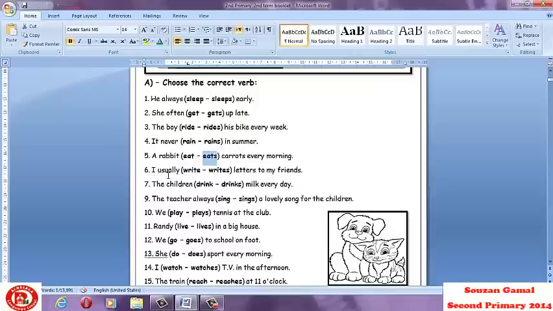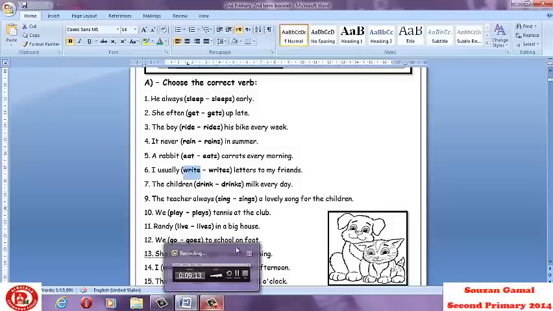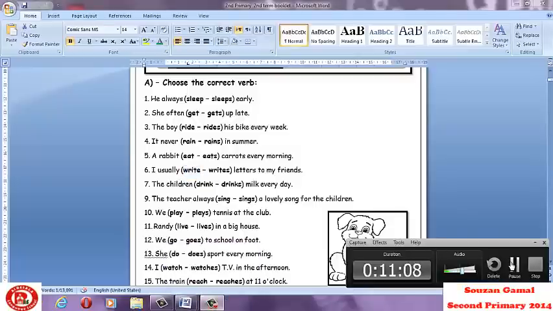Number 6. I usually writes letters to my friends. I usually write. Excellent, right? Because with I, you, we, and they don't add anything.